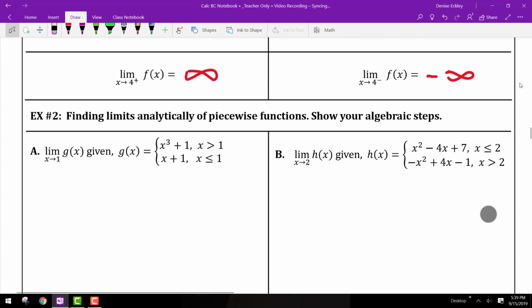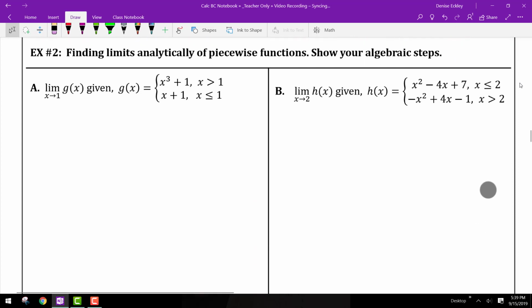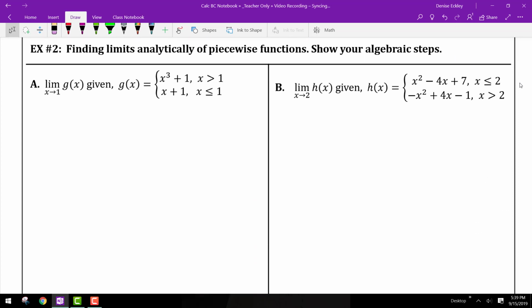Now let's look at piecewise functions and show how we do those. We treat them like left and right-hand limits because the function is divided up into coming from the left, which would be this piece in our first function, and coming from the right of 1. So we want to look at it as two separate limits.